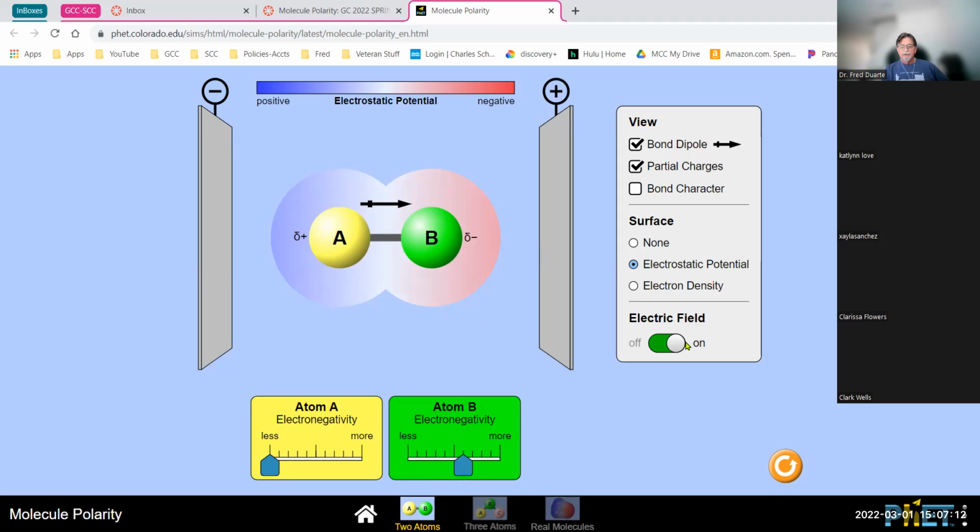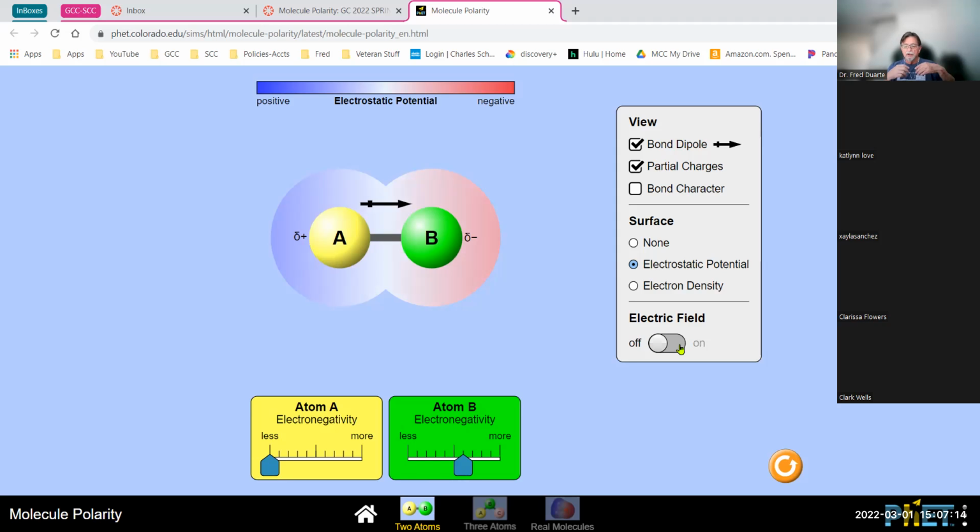That gives you an idea about polarity, which is related to electronegativity. Now let's say I put B about right there, and if I increase the electronegativity of A, I'm back to no dipole, and a nonpolar molecule.